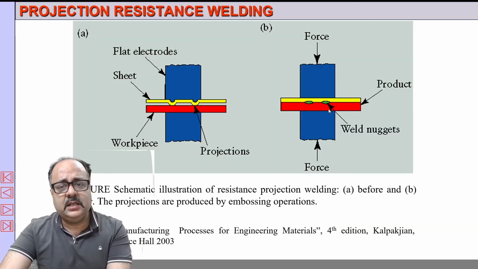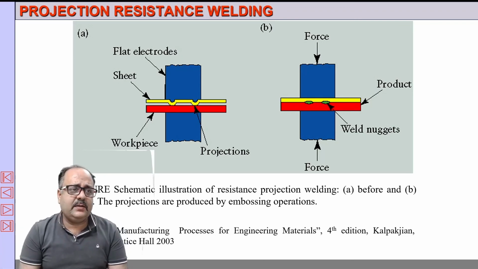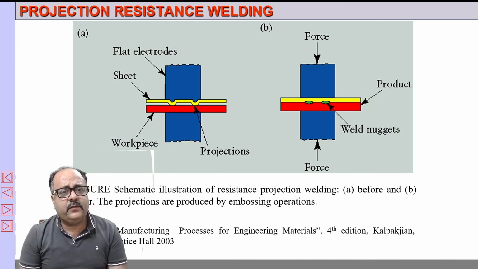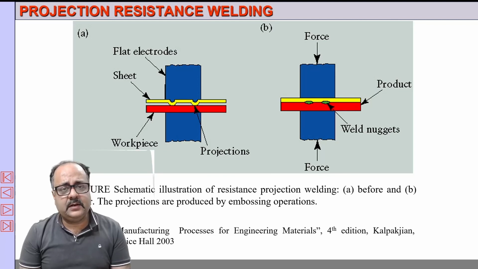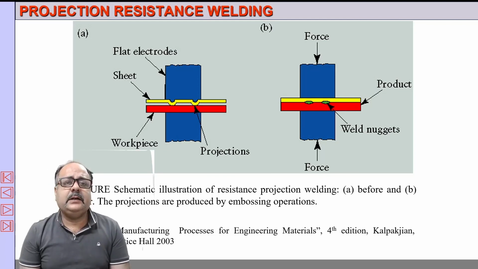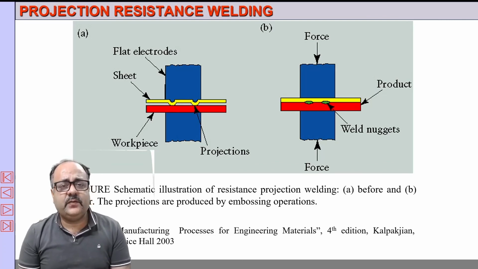You can see here, this is projection resistance welding. So these are the four resistance welding processes that I have discussed: spot welding, butt welding, which can be of two types, upset butt welding and flash butt welding, seam welding, and projection welding. These are the four major resistance welding processes.